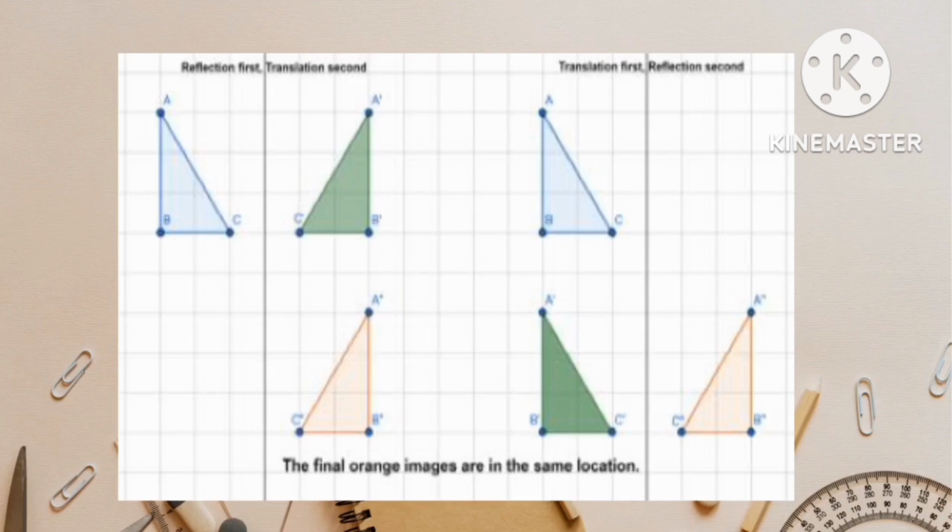Each point of the shape must move the same amount in the same direction. Reflection is the act of reflecting an image across a mirror border. After performing reflection on an item, all points are equally distant from the central line.